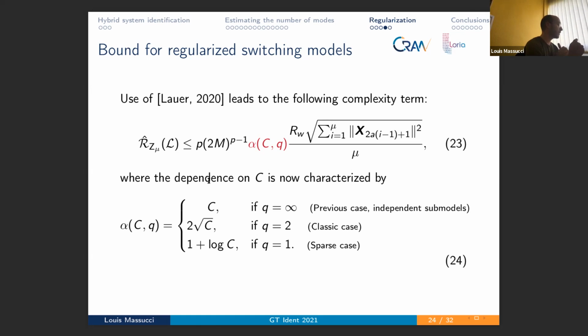And Q equal to 1 is the sparse case. With an L1 norm, we tend to a sparse complexity, and this allows us to have a log of C, which is a lot better than the C that you had at first.